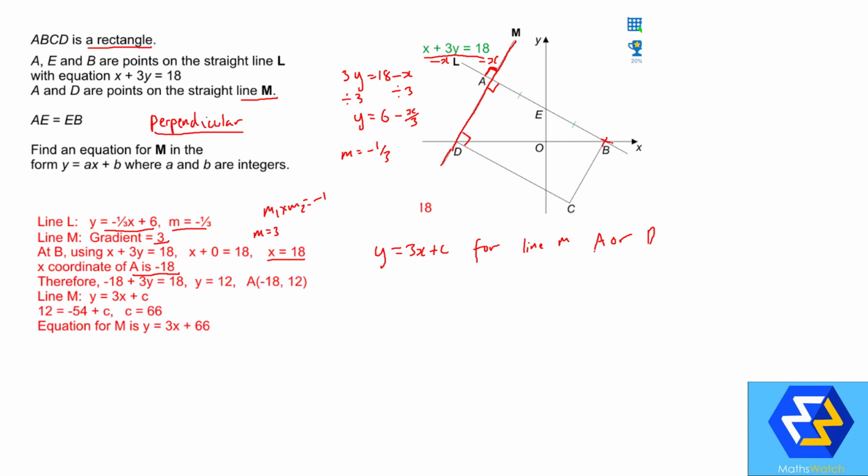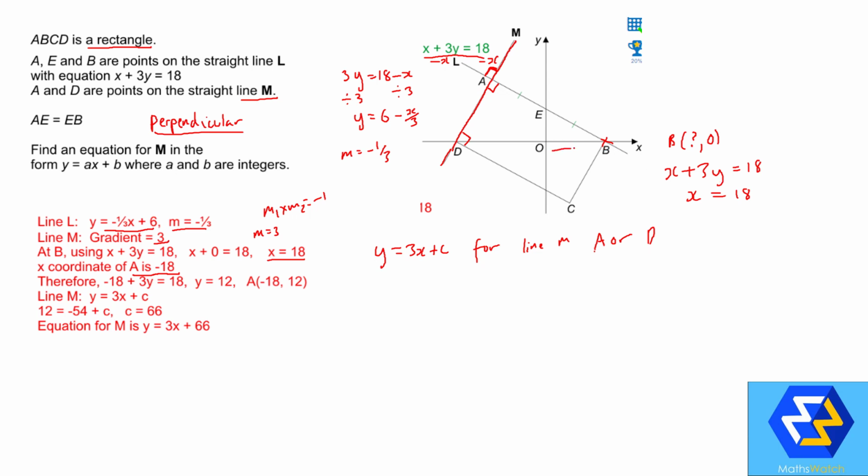But we can find B, because for the coordinate of B, we've got to work out what x is, but y is 0 here. You can see that. So if we have the equation x plus 3y equals 18, now we know y equals 0 here, on the point B. So that means x has to equal 18, because 3 times 0 is 0.